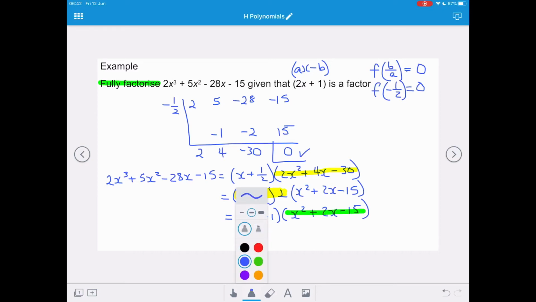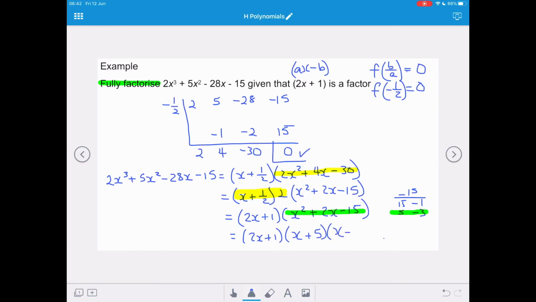So we're looking at factors of negative 15 that are going to give us a positive 2. So our options are 15 and negative 1, that doesn't work, and 5 and negative 3, which gives us our positive 2. So that is the factor pair that we want to use for factorising that second bracket. And so it equals 2x plus 1 upon x plus 5 upon x minus 3, our fully factorised solution.